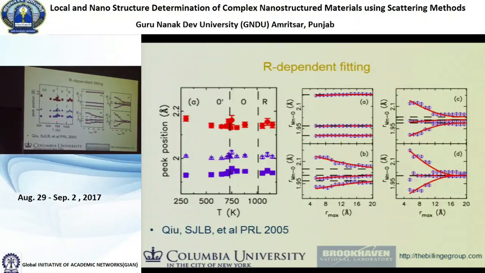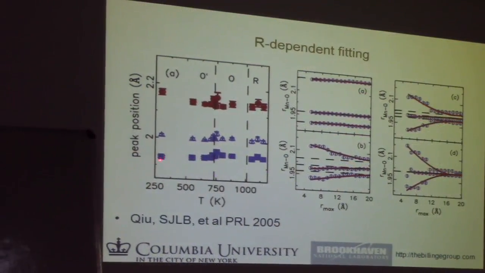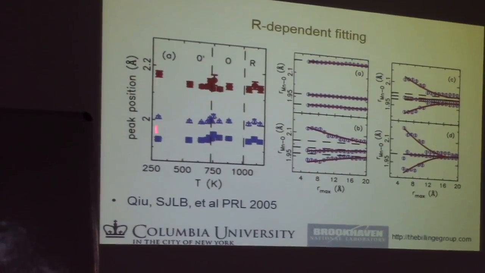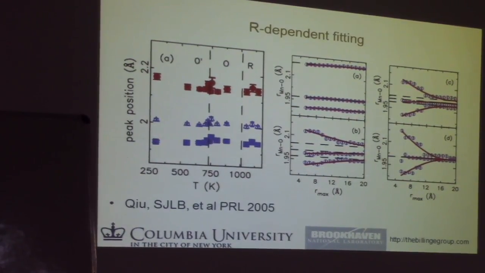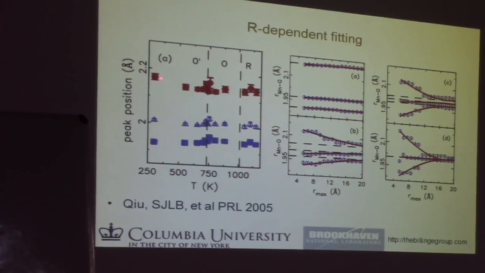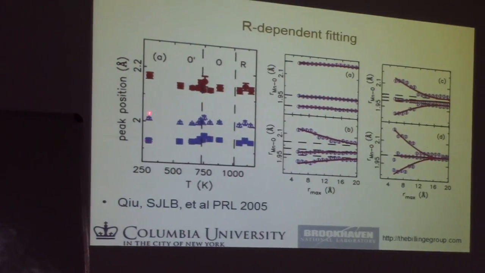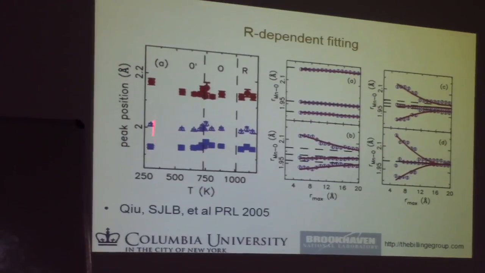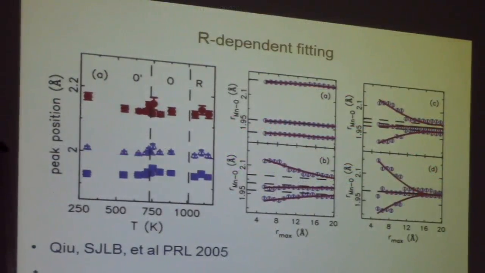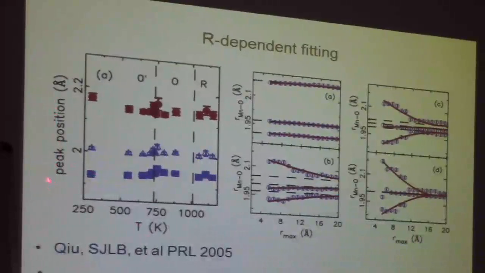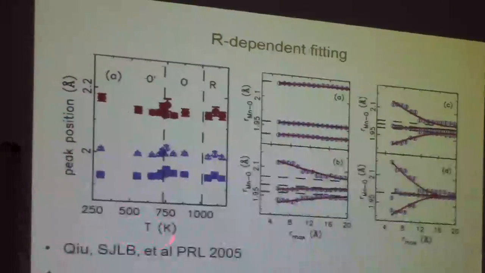So this is actually a fit to that data. So the low temperature data we have, this is coming from a PDFgui fit now. And at low temperature we have 2 long bonds and 4 short bonds. Now this is a peak position versus temperature.